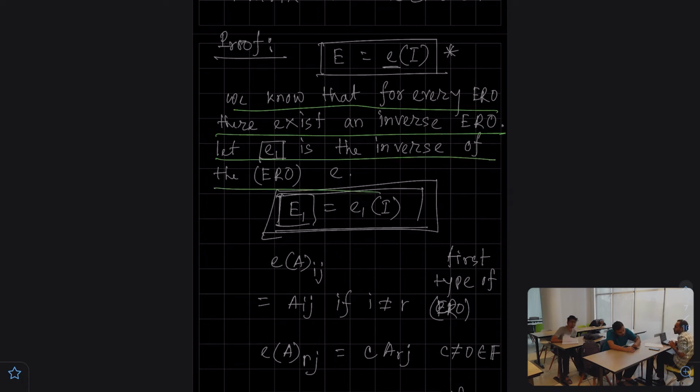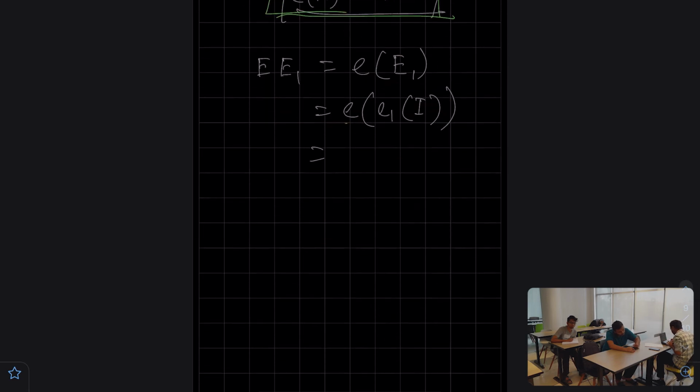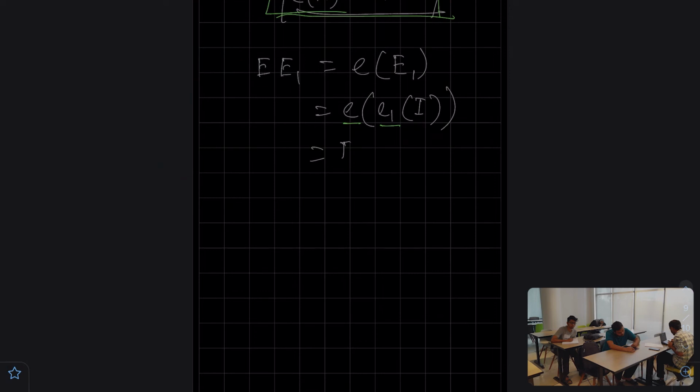Okay. So from this definition, since E is inverse to E1 and E1 is inverse to E, then this is just the identity matrix, right? And this also makes sense. This is also equal to the identity matrix, right?